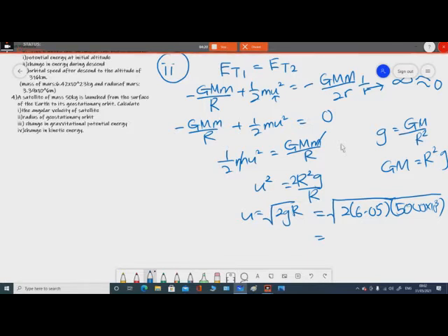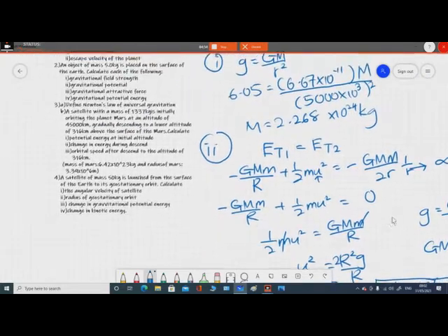The final answer we got is 7.778 times 10 to the power of 3 m/s. So this will be our part 2. The final answer is 7.778 times 10 to the power of 3. So we have done the first question.